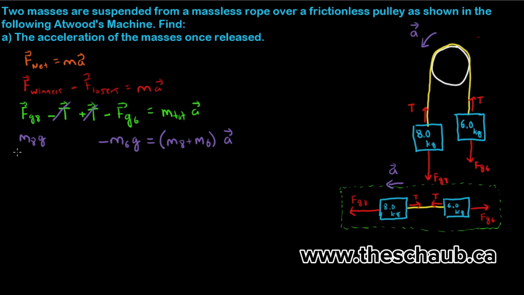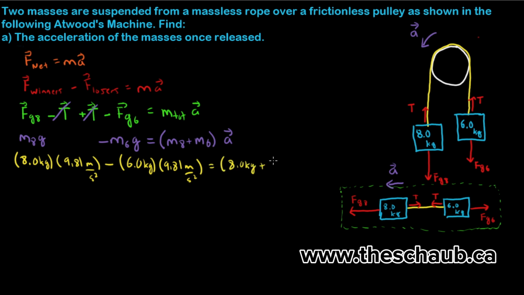Substituting our values, m8 is equal to 8.0 kilograms multiplied by gravity, which is 9.81 meters per second squared. Subtract m6, which is 6.0 kilograms, multiplied by gravity again, which is 9.81 meters per second squared. And this is equal to m8, so 8.0 kilograms, plus m6, so plus 6.0 kilograms, all multiplied by the acceleration.